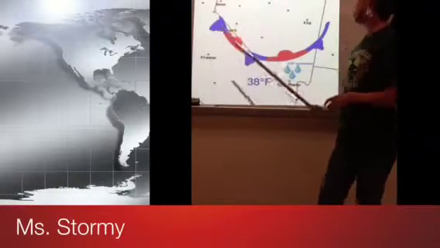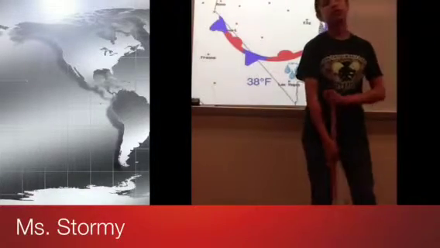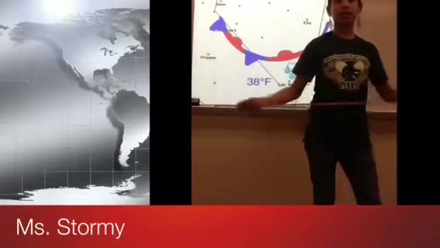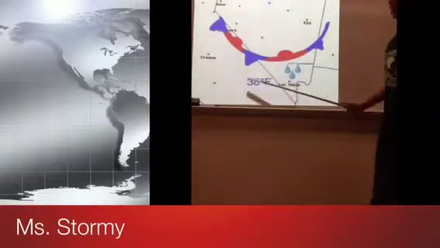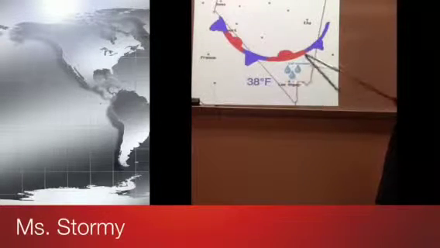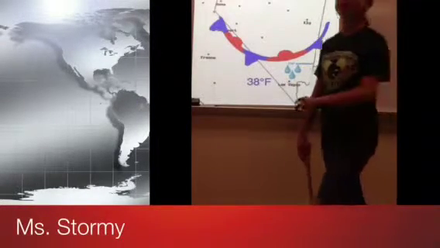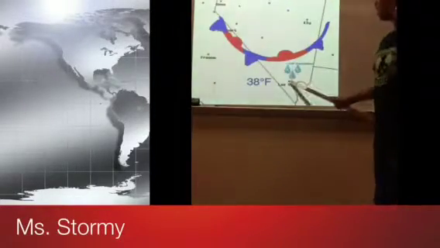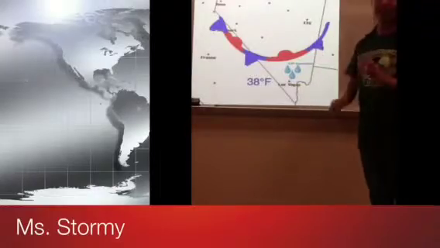These blue triangles represent a cold front, or when a cold mass of air goes into a warmer area. This is the temperature right now. This represents the precipitation, which could be snow, sleet, hail, rain, and that is our city. Back to you, Miss Sunny.